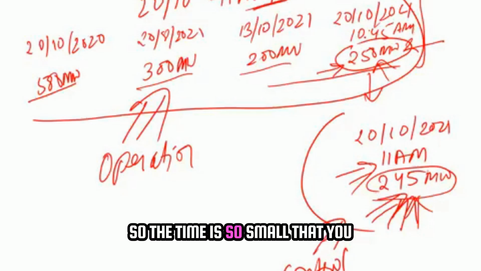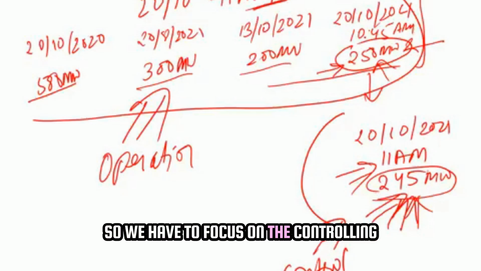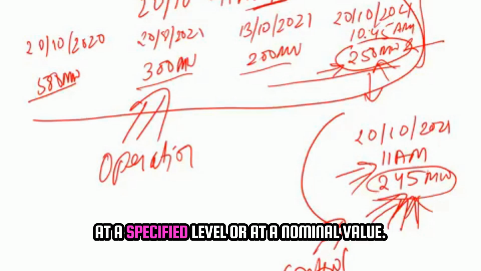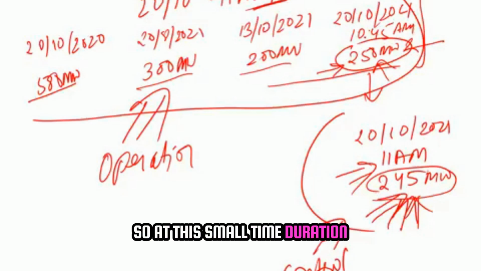The time is so small that you cannot think about economics at this moment. So we have to focus on controlling and maintaining the system at a specified nominal value. Once we ensure that the system remains at that nominal value, only then can we go for economics.